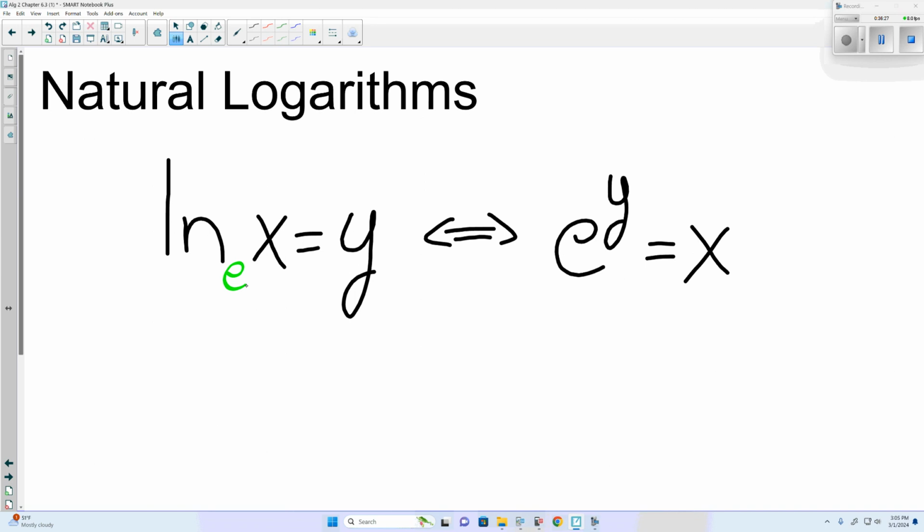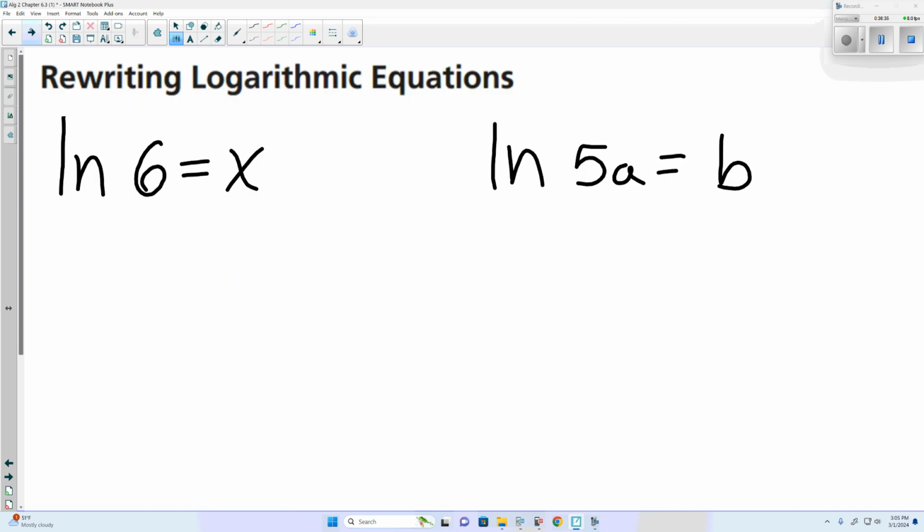We don't write it because there is no changing the natural log's base. It's always e, no matter what we have.